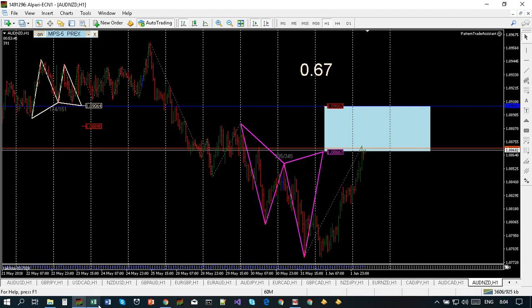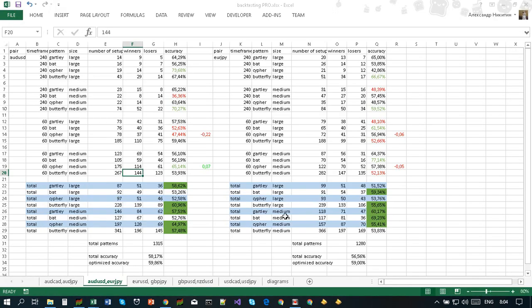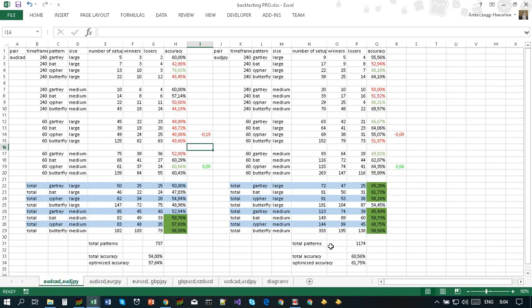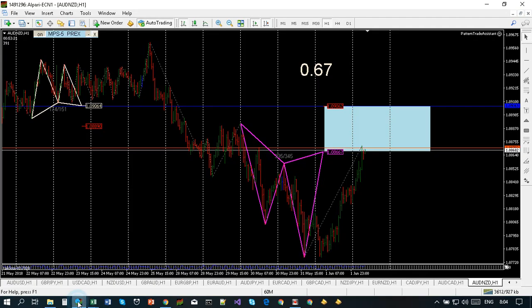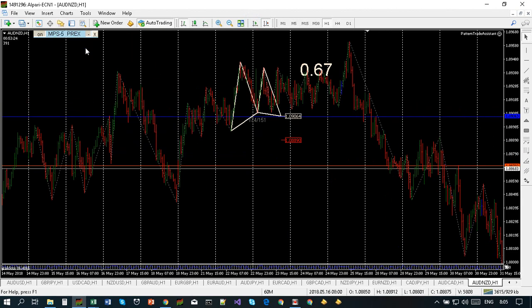And now what I promised to you is to give you the Cypher pattern accuracy. I will open my backtesting Excel spreadsheet. Okay, let's go to the first pair. These are the backtest results using this software that finds this. You can see that the algorithm is pretty good, especially this price extreme algorithm.